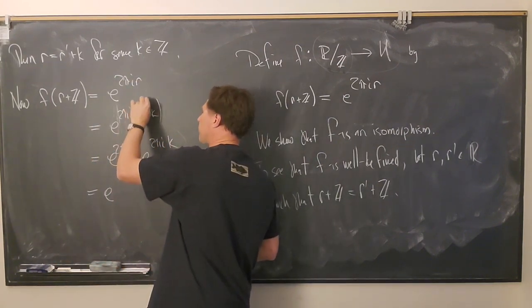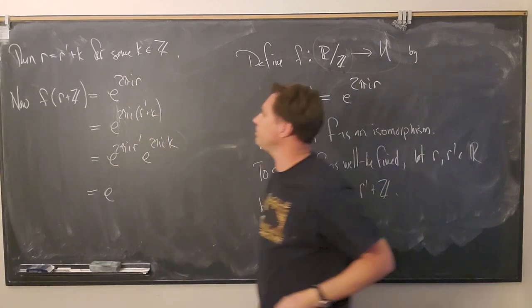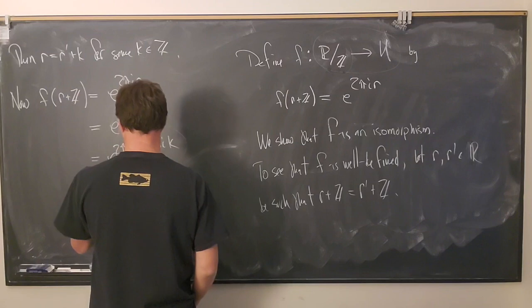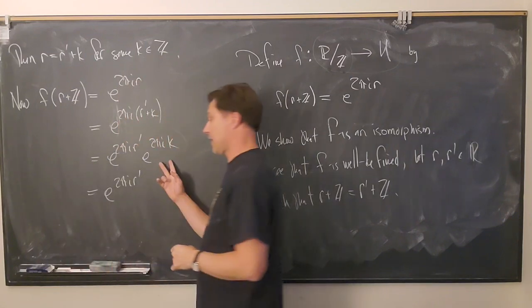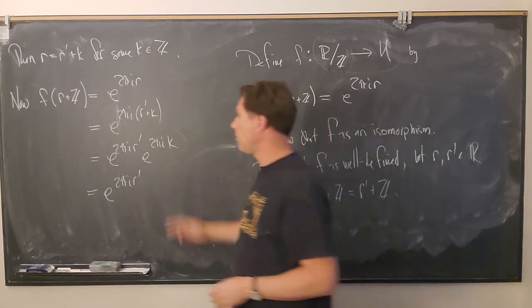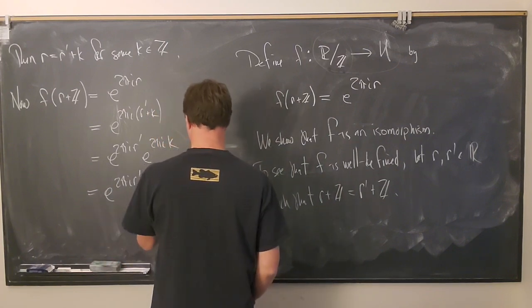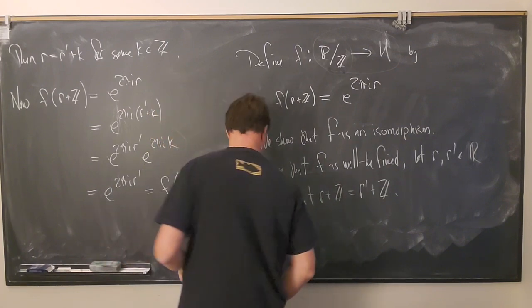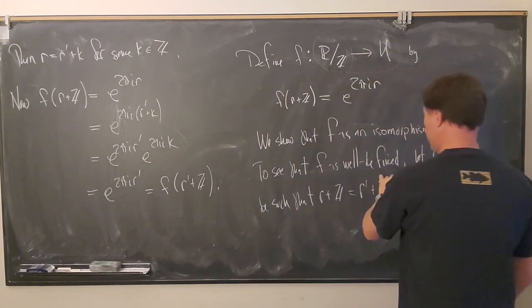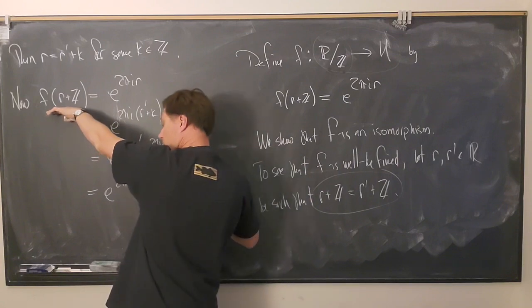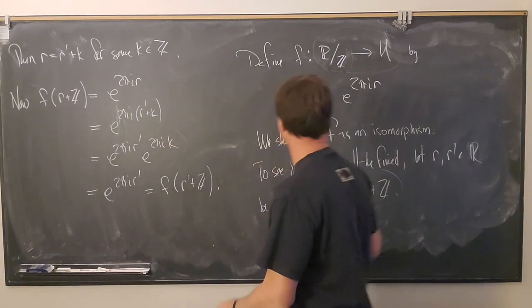That should be a prime, and that should be a prime. So this is equal to e to the 2 pi i R prime times 1. And that's equal to F of R prime plus Z, right? So when we have the same input, we get the same output, right? And so we have a well-defined function.